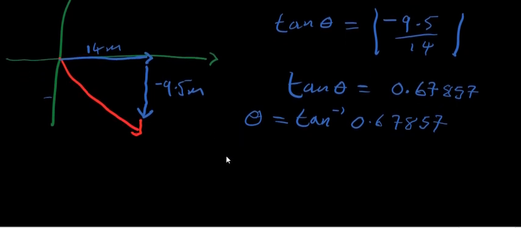Our theta is just simply equal to 34 degrees. So this is our theta, which we have simply found.